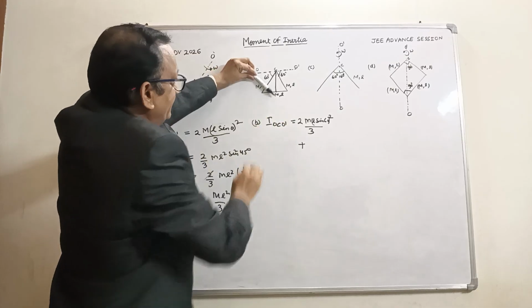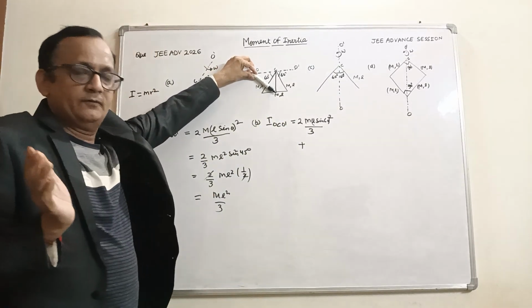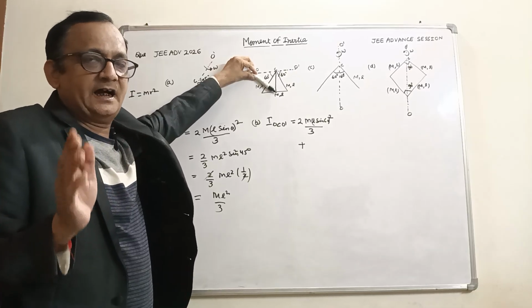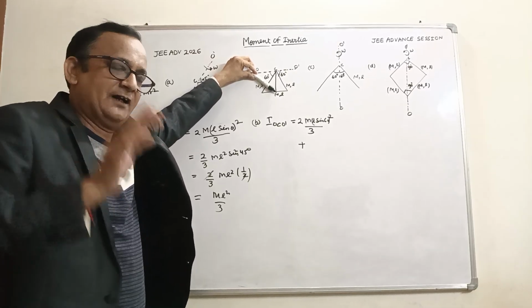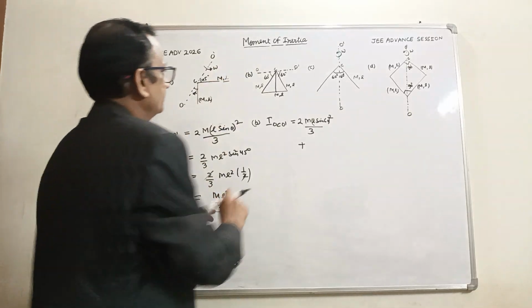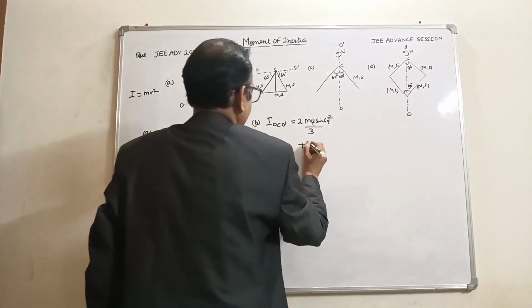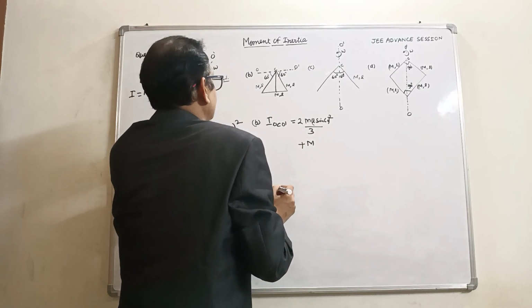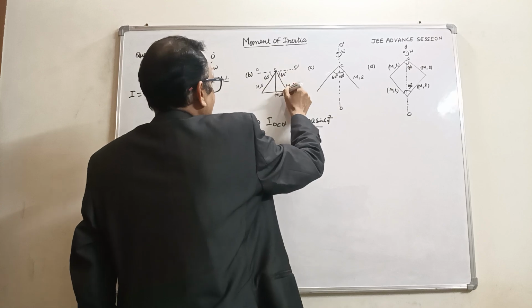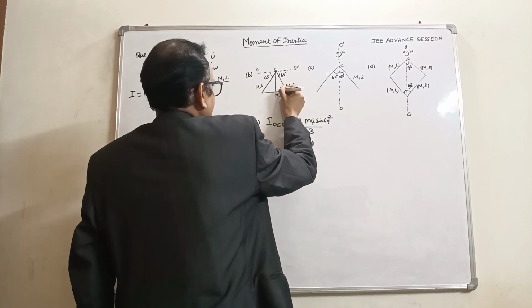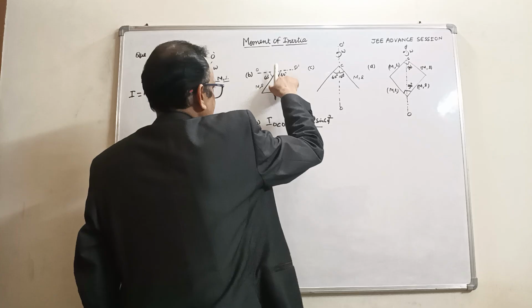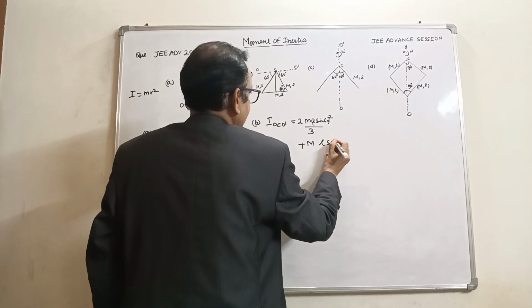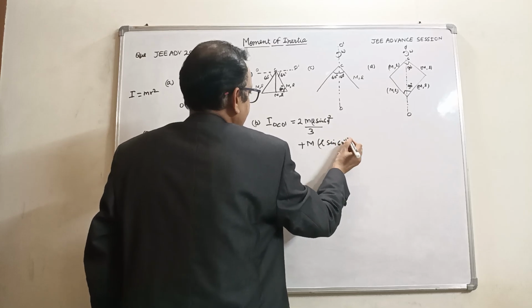When we write the moment of inertia about its rotational axis, we always take the perpendicular distance. So m L square, and the perpendicular distance, this length is L and this angle is also 60 degree, so this vertical component would be L sin 60, so (L sin 60) square.